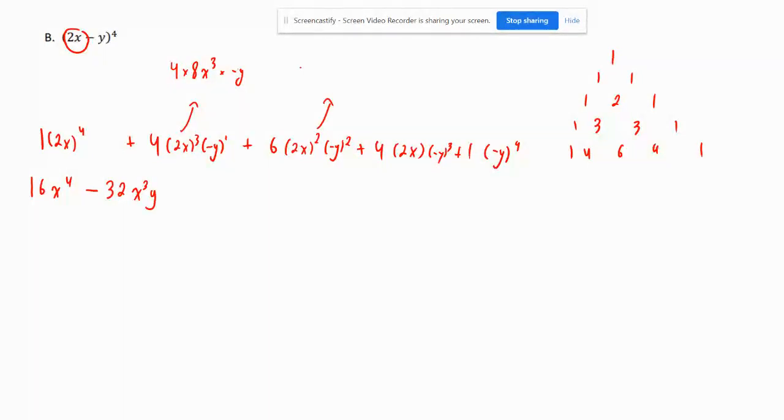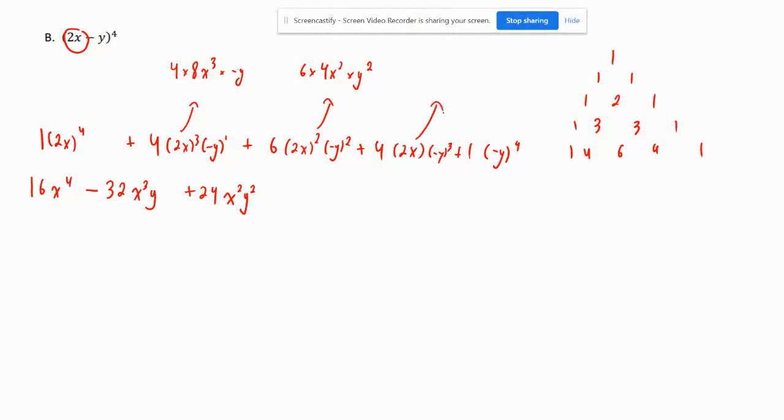This next one is 6 times 2x squared, which is 4x squared, times y squared. 6 times 4 is 24x squared y squared.